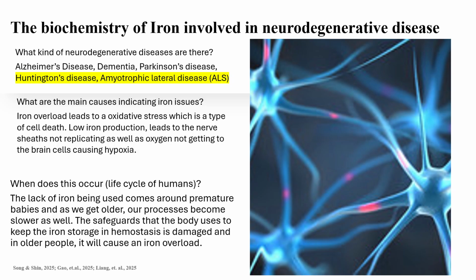The second one is older people. And the reason it does that is because some of the processes slow down. And also because some of the areas where the iron comes in start breaking down.